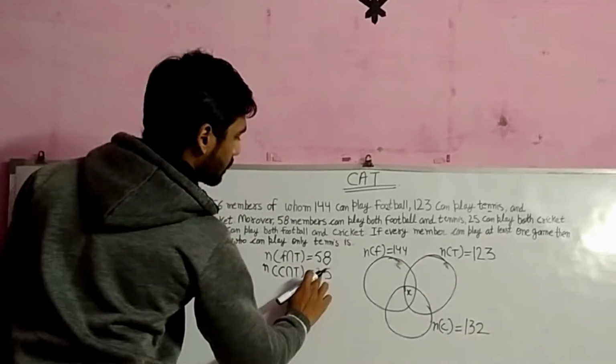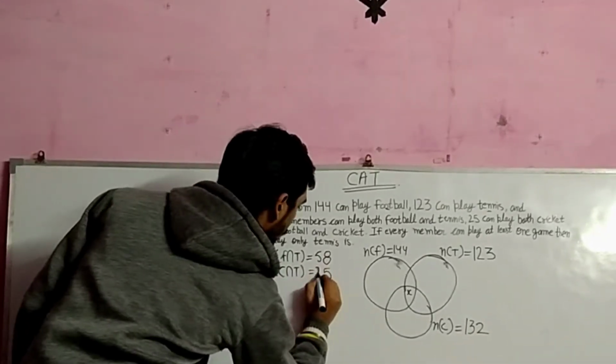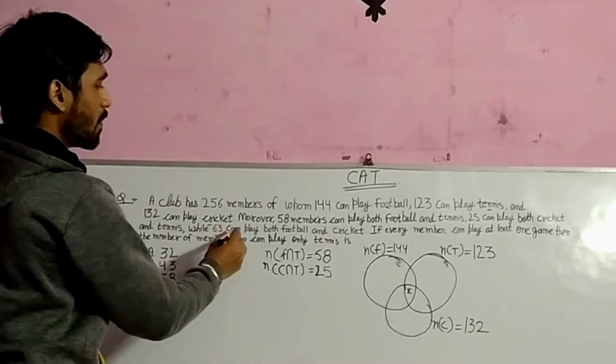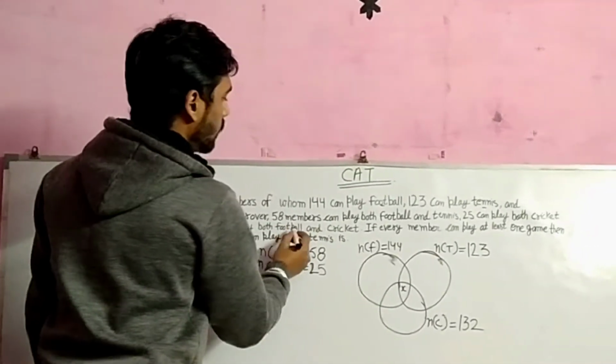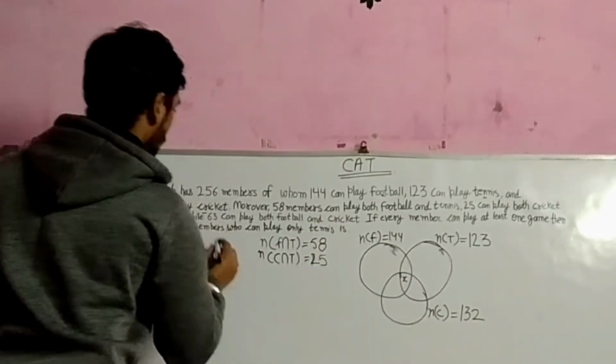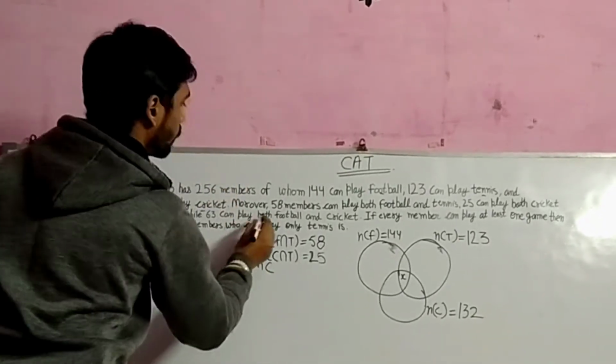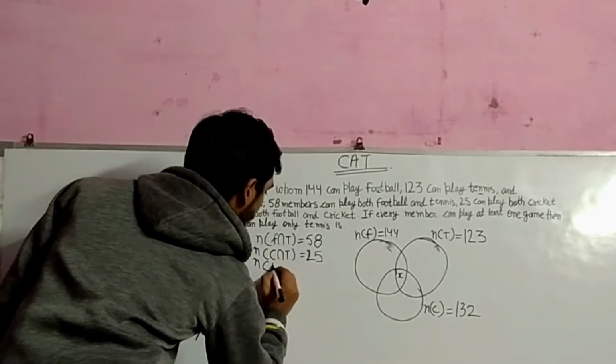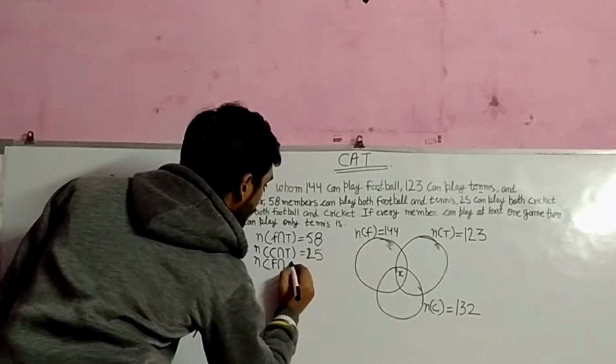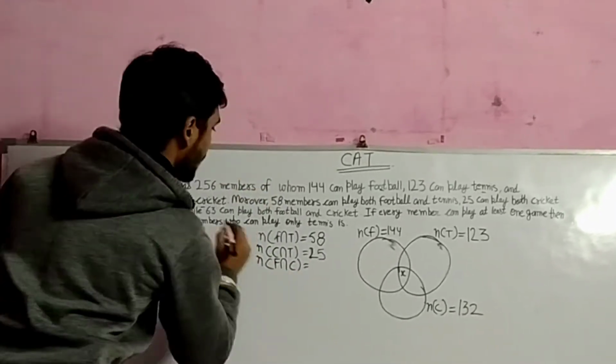And 63 members play both football and cricket, so F intersection C is 63.